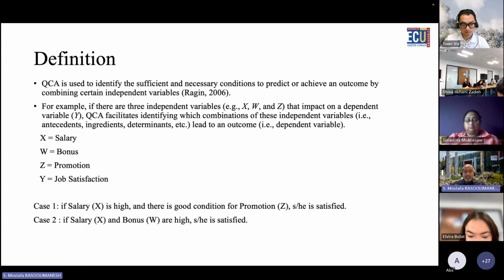So the final result that we get is that bonus doesn't have any significant impact on job satisfaction.